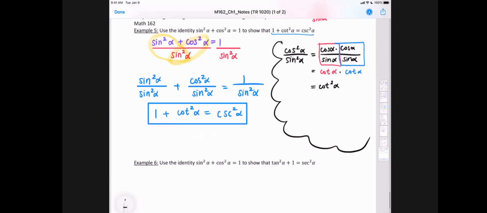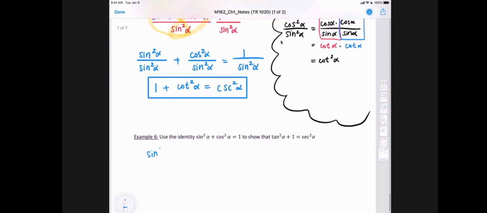All right, so the next example is deriving the other form. The other form has a tangent and a secant. So just like before, we're going to start off with our original identity that sine square alpha plus cosine square alpha is equal to 1.